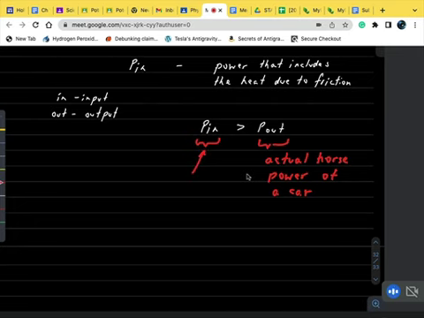The input is the energy you get from the gasoline, the energy you put into it per second. Well, where does that go? Some of it goes into turning the axle. A lot of it goes into generating heat.